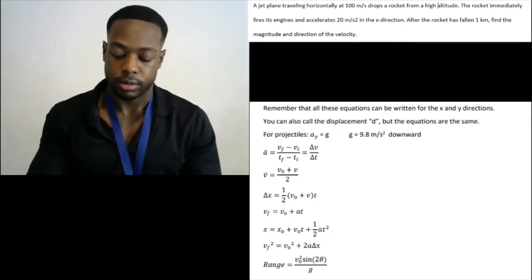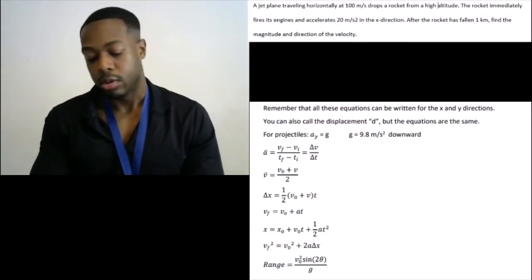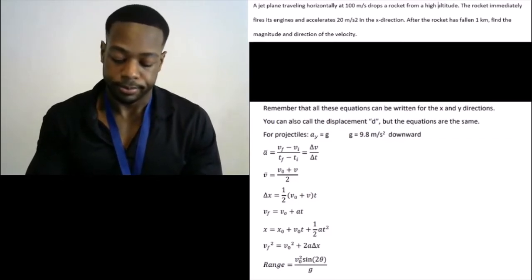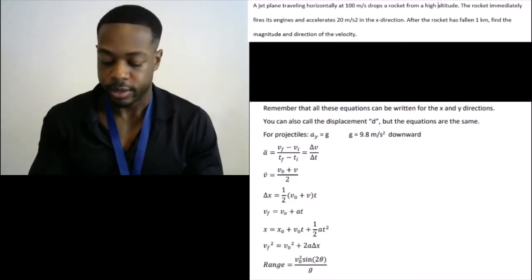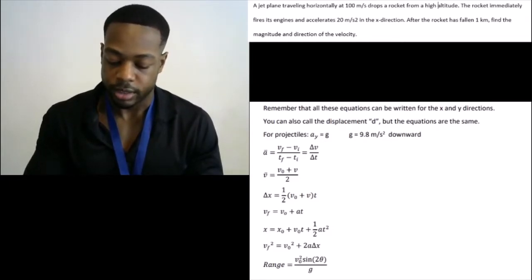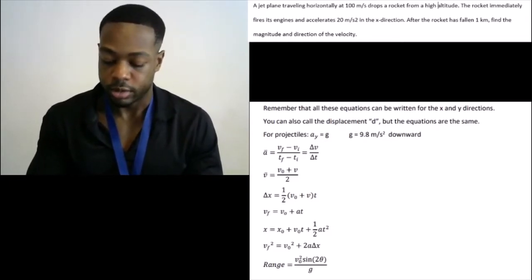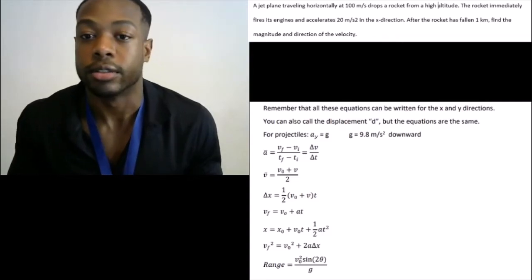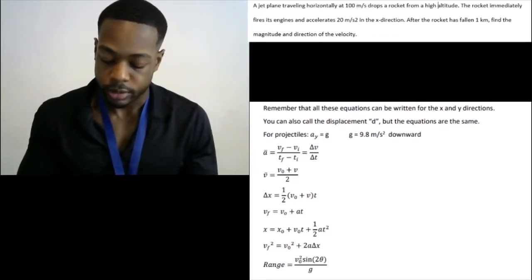And yeah, so we've got the X. We've got the X acceleration as well. So that's 20.